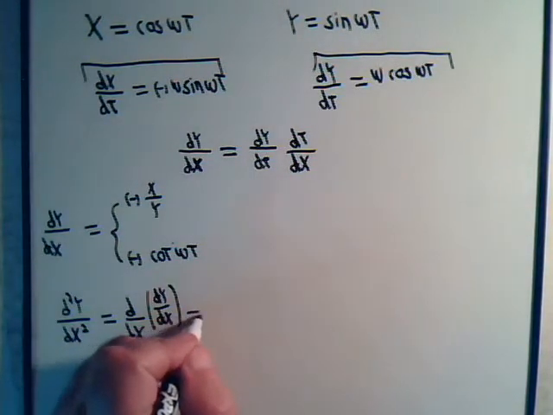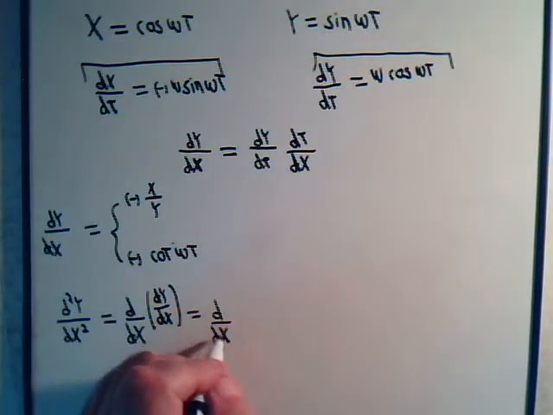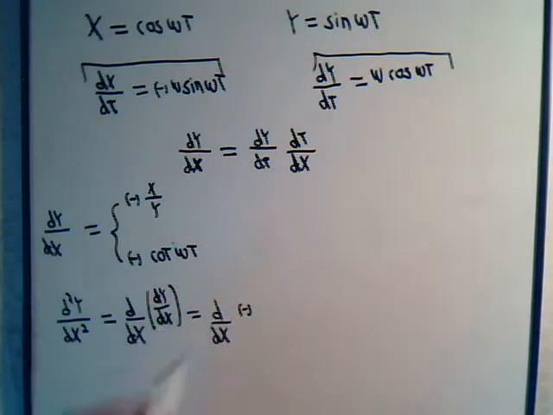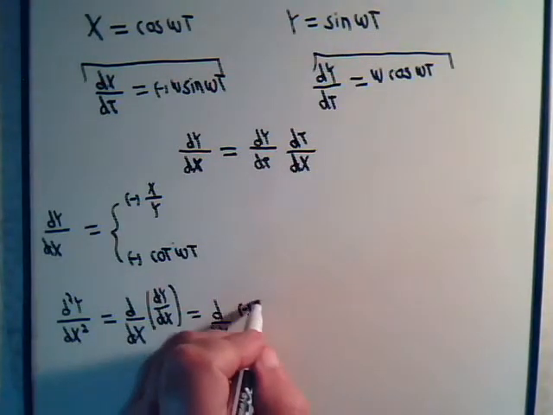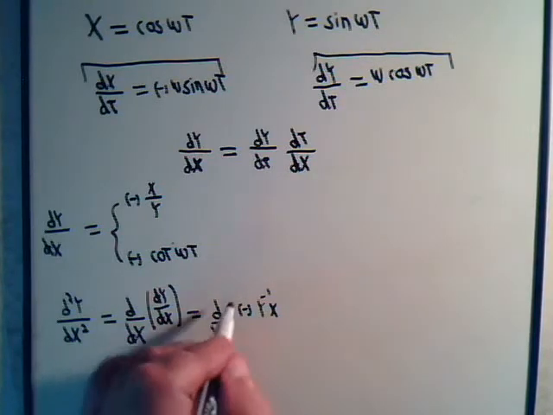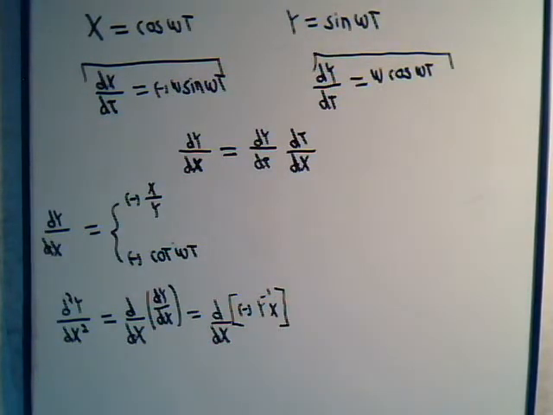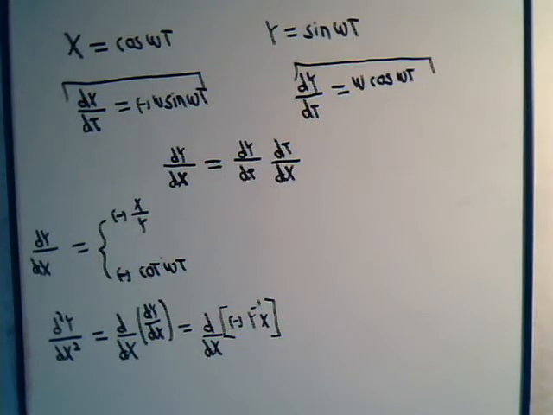So this will be equal to d/dx of minus, and I'm going to write this as y to the minus 1 times x. And we need to take the derivative of this quantity here with respect to x.